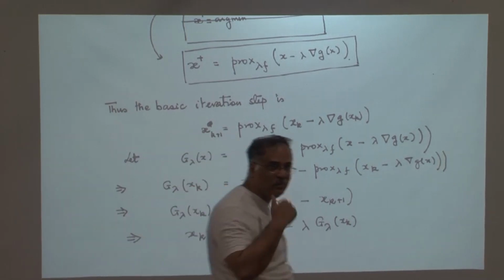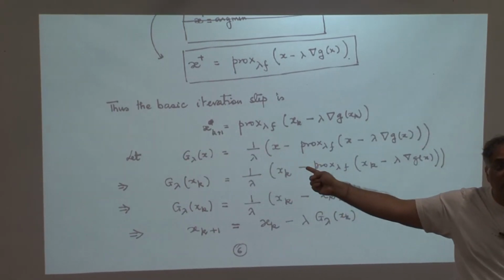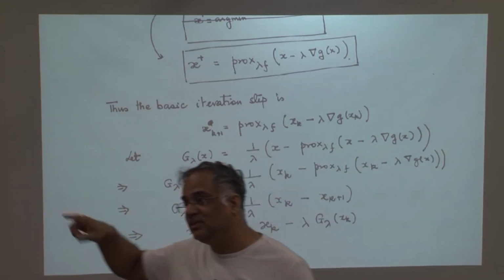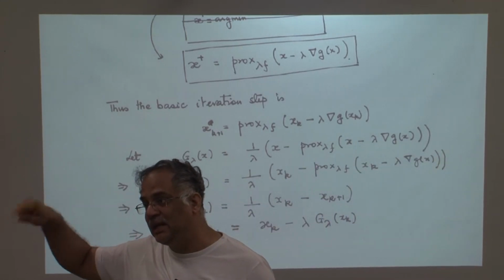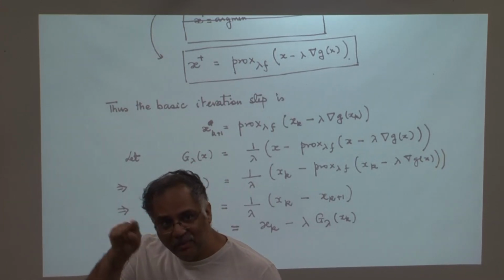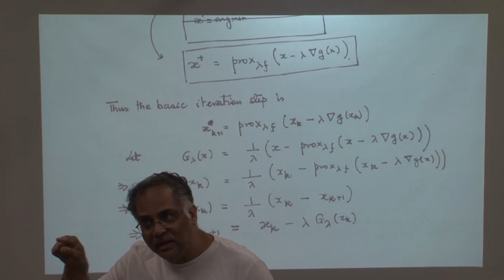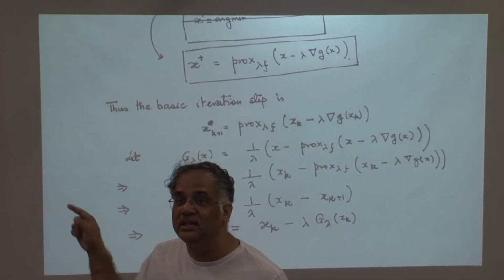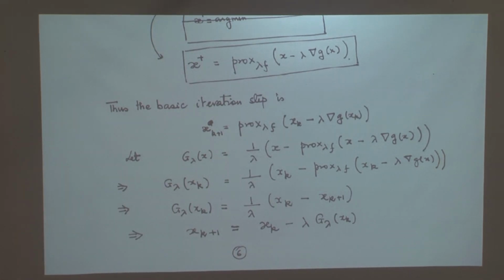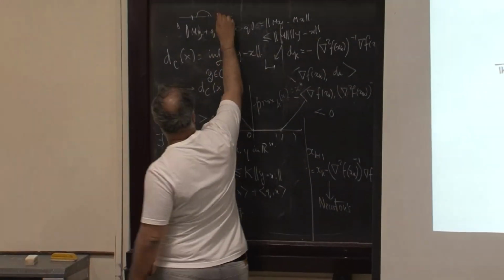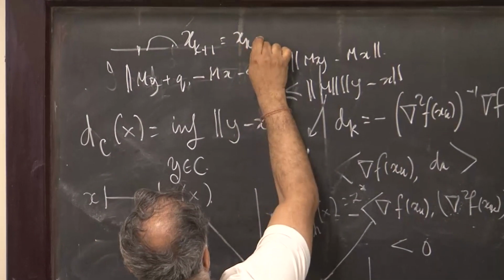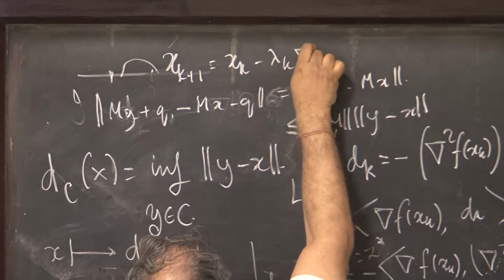This is exactly what we had done in the descent method. xk plus 1 is xk plus lambda k dk. So if dk is minus grad f xk, it will be xk plus 1 equals xk minus lambda grad f xk in the steepest descent method. In the steepest descent method, the iteration step is xk plus 1 is equal to xk minus lambda k grad f xk.